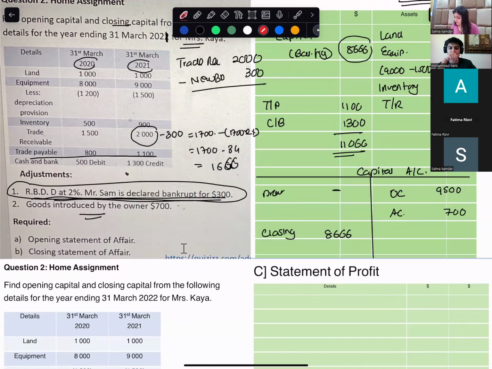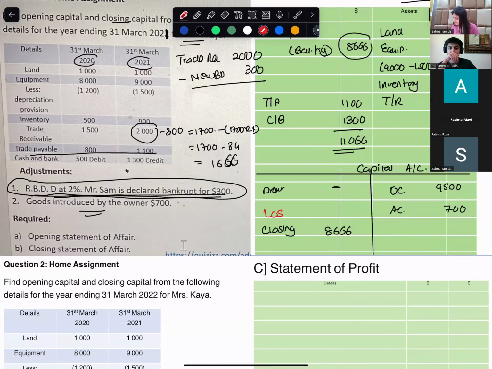So there is no profit. In fact, there is a loss for the year. How much is your loss? 10,200. So your loss for the year is 1,534.